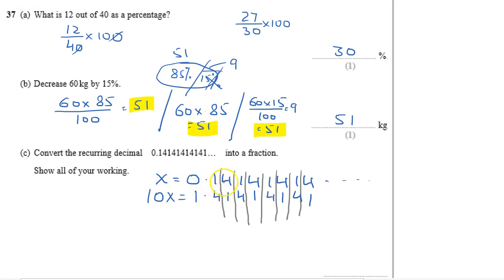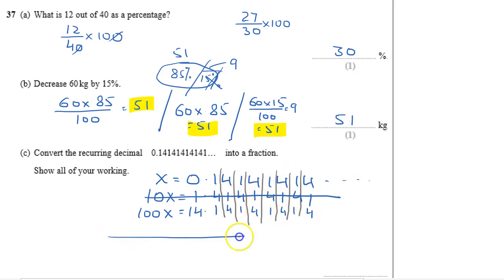Now you can see that after the decimal the numbers are not the same, so we have to multiply again by another 10. So we multiplied by 100. Now this 4 will also come here, so this is 14 point 1 4 1 4 1 4 1 4.